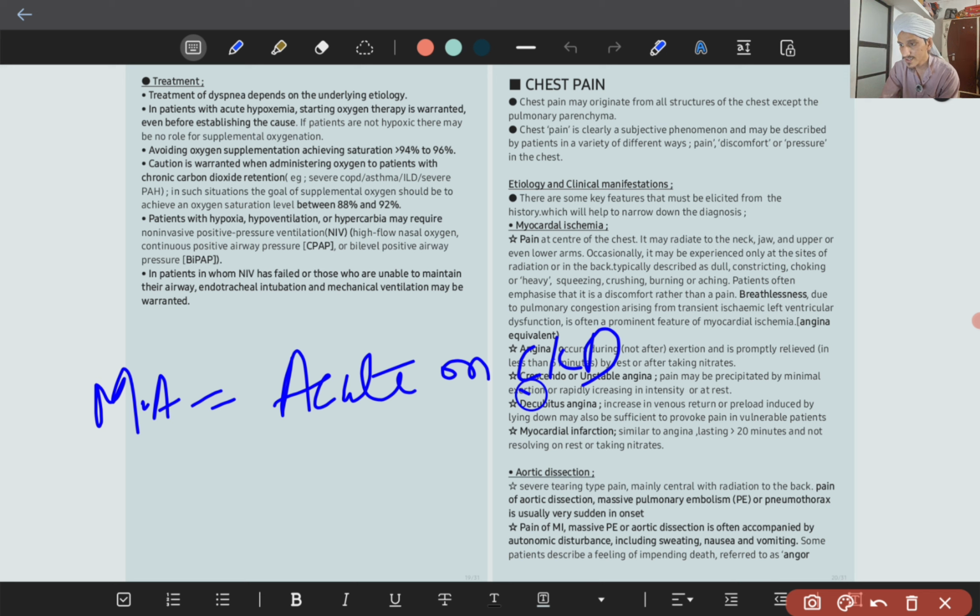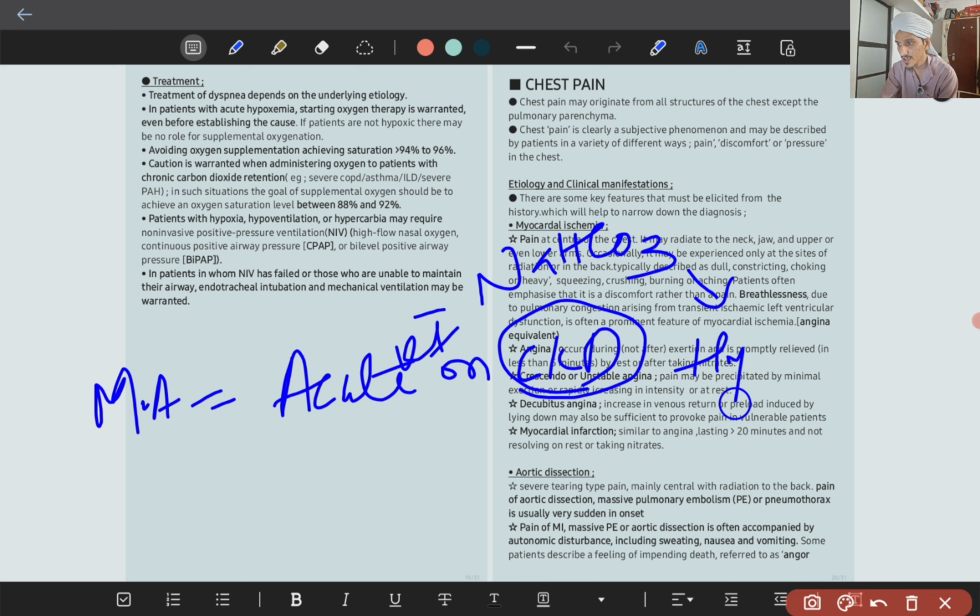In AKI you can give sodium bicarbonate as an IV infusion, but you need to be careful because of the risk of hypocalcemia. Okay, you can give sodium bicarbonate IV. That is one. Okay, that's all.